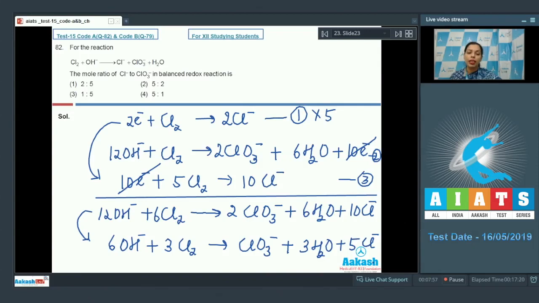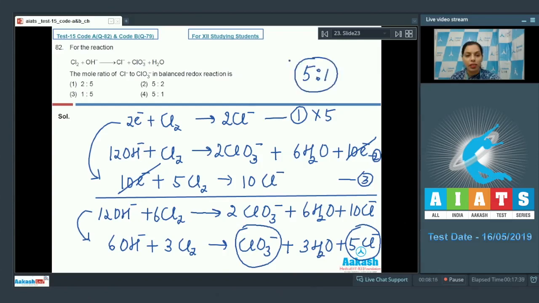This is the balanced chemical equation in the simplest form. Now what we need to find out is the ratio of Cl negative and ClO3 negative. Cl negative is here and ClO3 negative is here. So the ratio becomes 5:1.